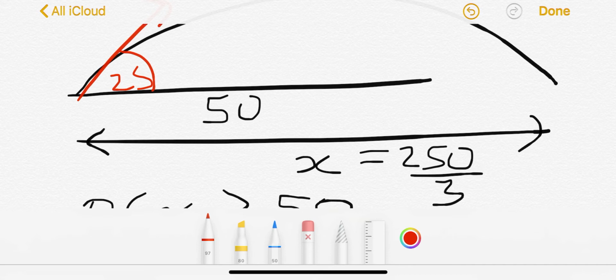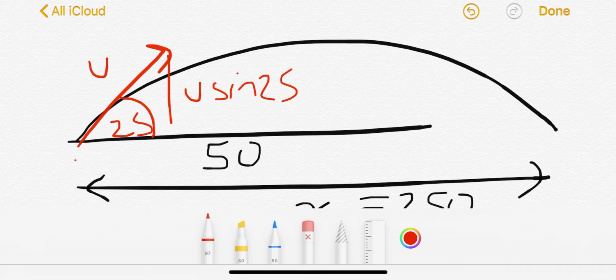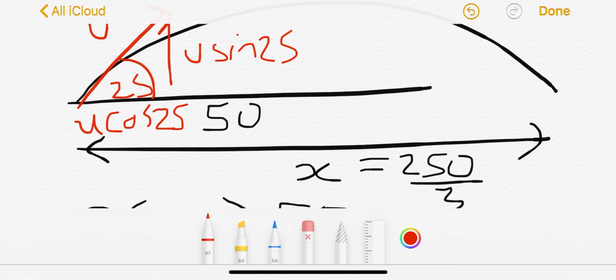The initial velocity is going to be the speed u. Sorry, that's wrong: sine is our vertical component, and cosine is the horizontal. Our horizontal displacement is 250 over 3, and when he lands, the vertical displacement is 0.